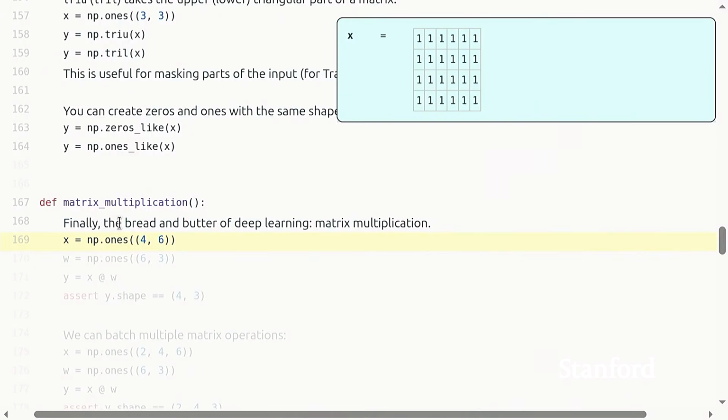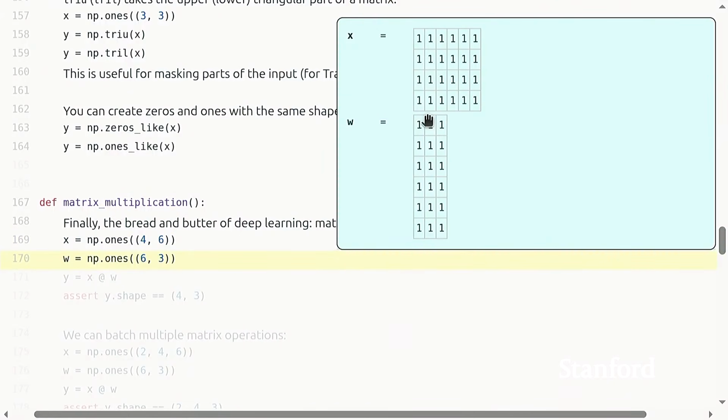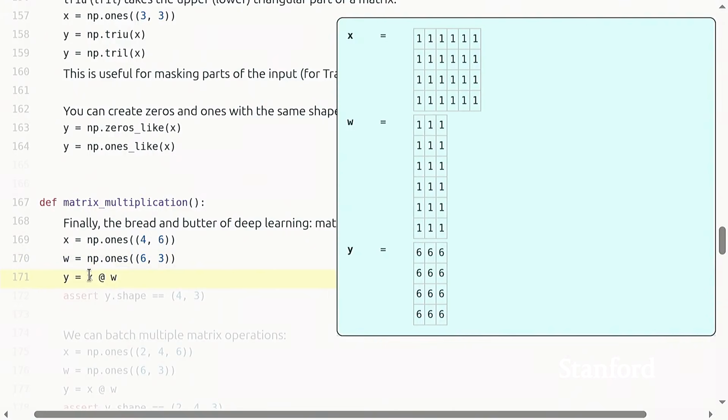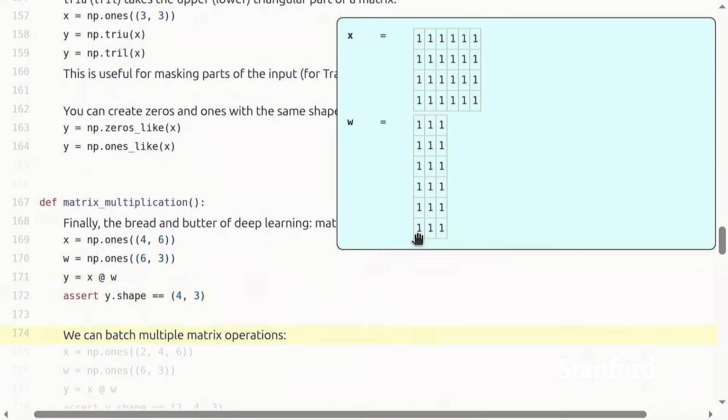If I have a 4 by 6 matrix and a 6 by 3 matrix and I multiply them, I form a 4 by 3 matrix where each element is an inner product between 6-dimensional vectors. I think everyone knows this, but for example, this 6 is the inner product between the first row and the first column here.